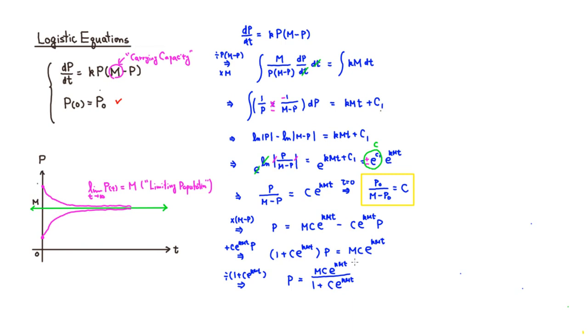Since there are two e to the kMt, I'm going to multiply top and bottom by e to the negative kMt, which is the reciprocal. Then you get Mc over e to the negative kMt plus c, since the others cancel out.